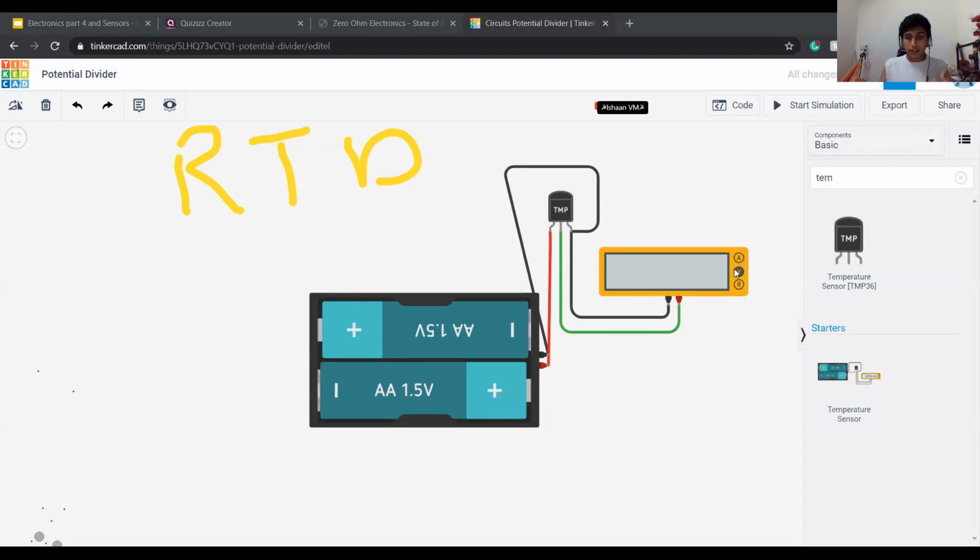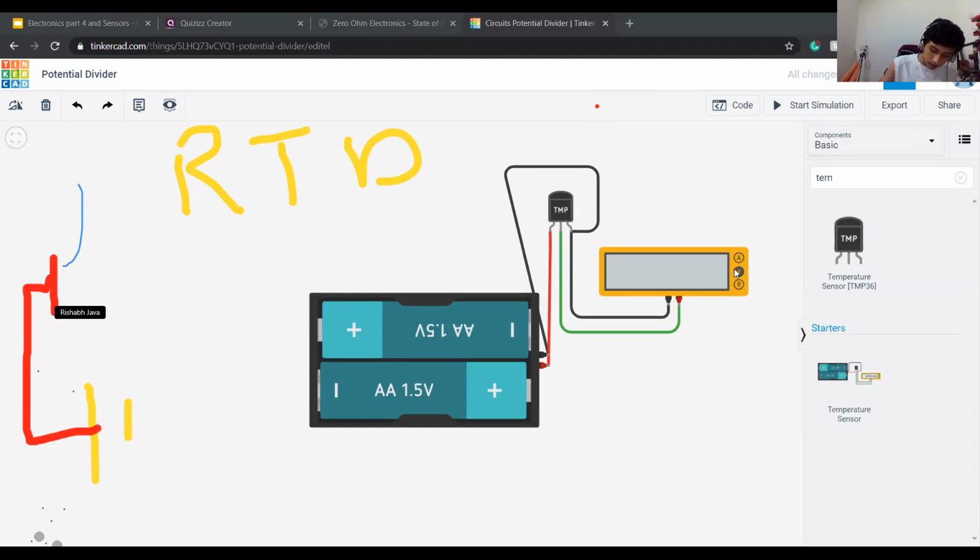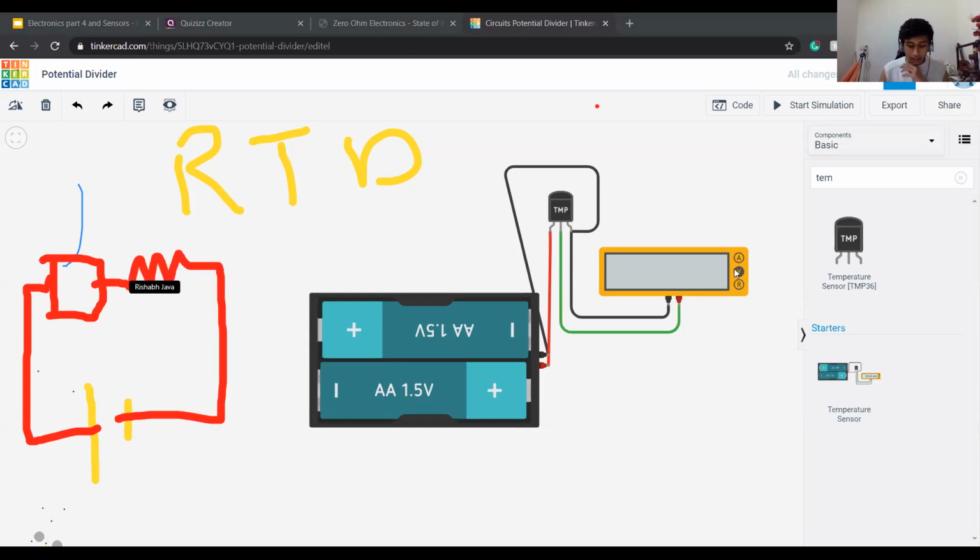Now, in this case, the same resistor that we had earlier. This is our LDR from the previous example. This is the light sensor still.